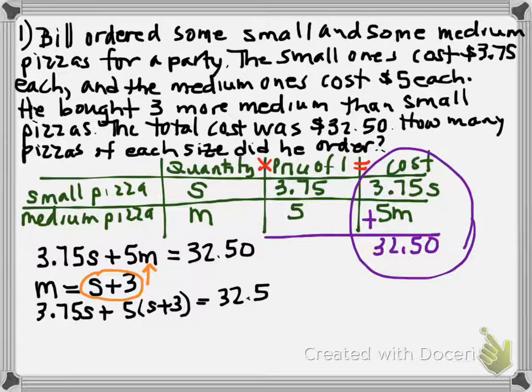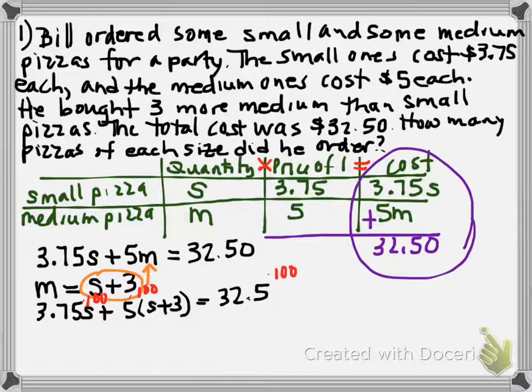So one of the things I really don't like dealing with is decimals. So I want to get rid of my decimals now. What am I going to need to multiply everything by in order to get rid of all of them? Armand? 10. 10 won't take it around the 3.75. It'll only take it to 37.5, and I'll still have a decimal. 100. So I need to go to 100. So I multiply everything by 100.